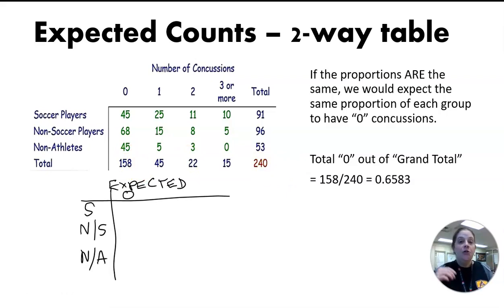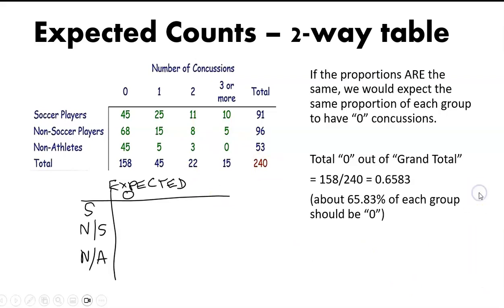If these groups look the same, then if 65% of everybody has had 0 concussions, I would expect 65% of each of these groups to have 0 concussions. So I would compute about 65% of each group.